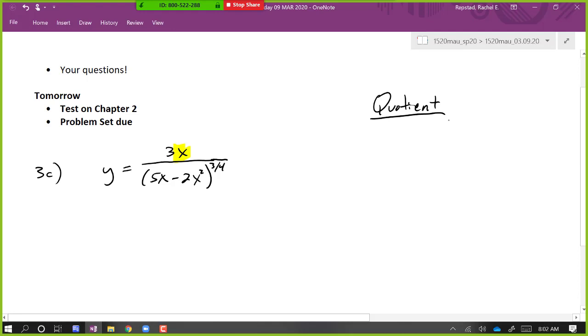So using the quotient rule, our f function is the numerator, which is 3x, and that gives us an f prime of 3, so I did the easy one. Let's look at the one that's a little bit more involved. The bottom is a power rule derivative, so g is (5x minus 2x squared) to the 3/4 power. Who wants to start us off on getting g prime?